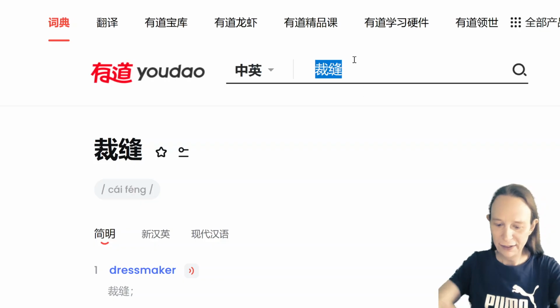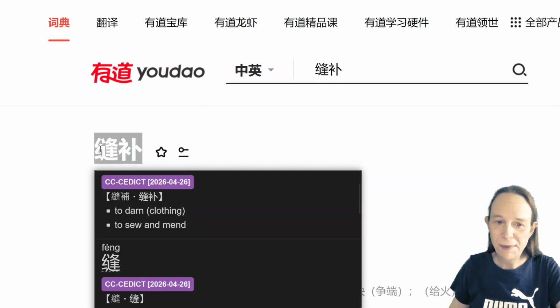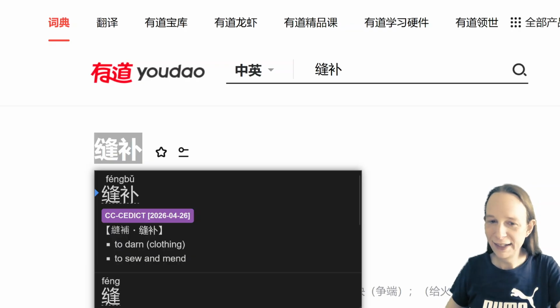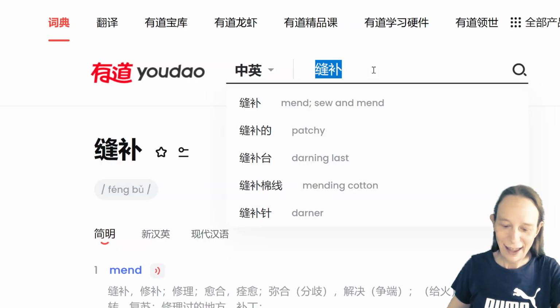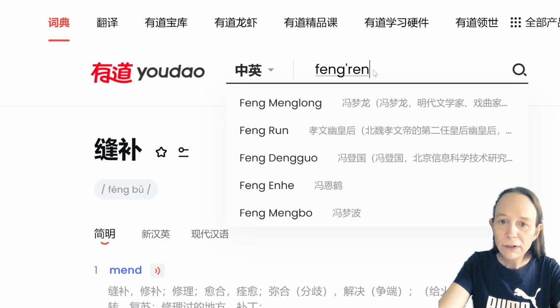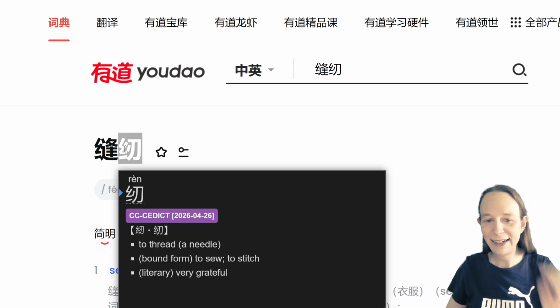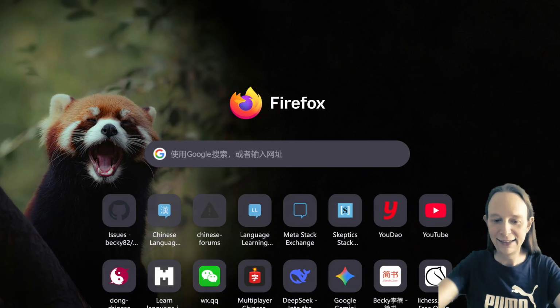Yeah, there's not much else. So, 缝补, to mend, through a process of sewing, to sew and thereby mend. Whoa, what's that? What's this character? I do not recognize this character. Actually, let's go check the corpus.